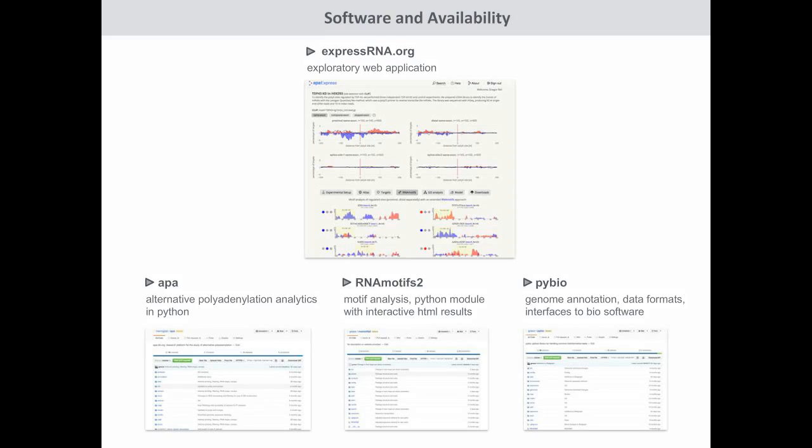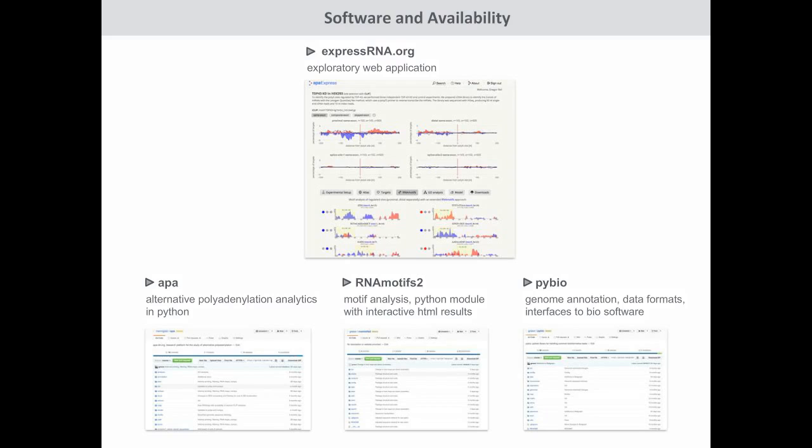So we really took different software and tried to combine it together in a way to serve our research goal. RNA motifs 2 is a completely independent Python module which is used to do the motif analysis that René was talking about in the previous slides, which you can download and use completely independently, but we integrated it in expressRNA.